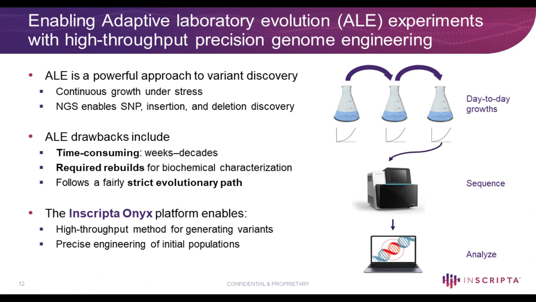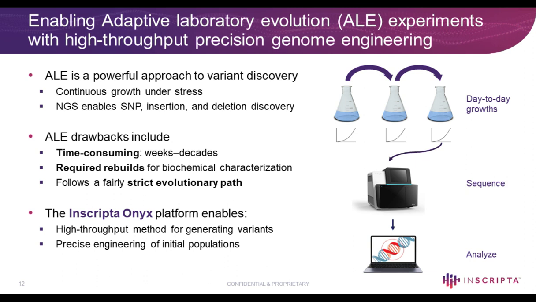The Inscripta Onyx platform enables a couple of interesting features that can add on to these ALE experiments. It's a high throughput method of generating a massive number of variants that can then act as a precisely engineered initial population. So you can come at this with the knowledge of the mutations that you do want to study, and that's what's shown here in this work.